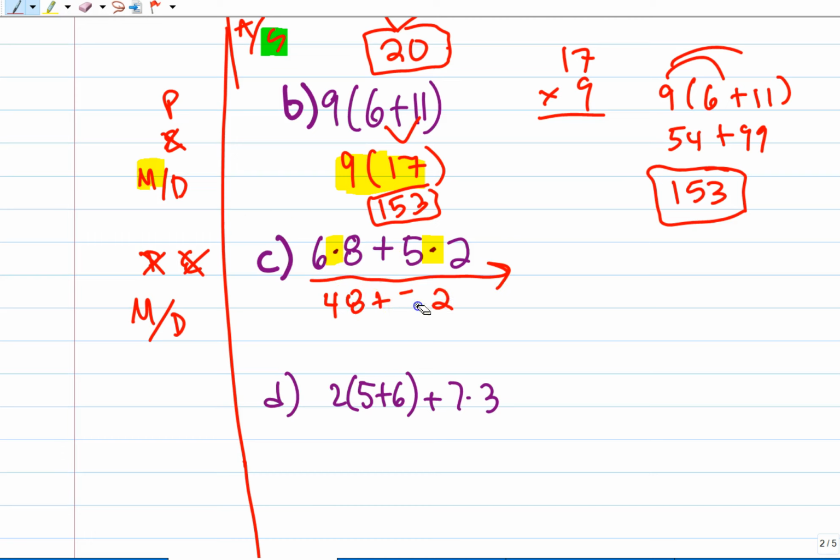It's not 5.2, it's 5 times 2. Am I done? Do I start adding this? No, that's the trap. You deal with the multiplying and dividing first, so we have to finish the multiplication now. And make that 48 plus 10. And now that we're done with the multiplying, then we deal with the adding. So that 48 plus 10, how about 58?